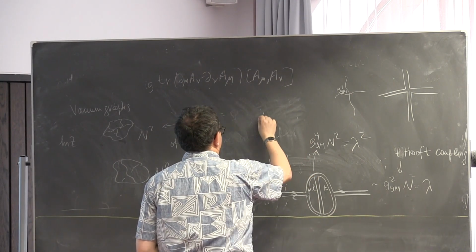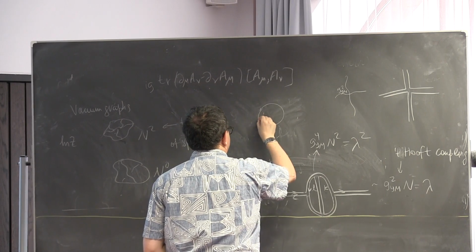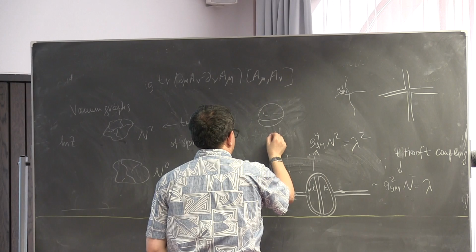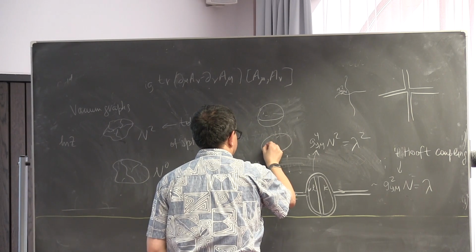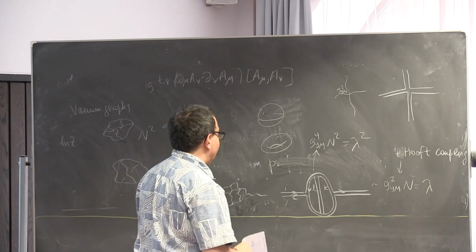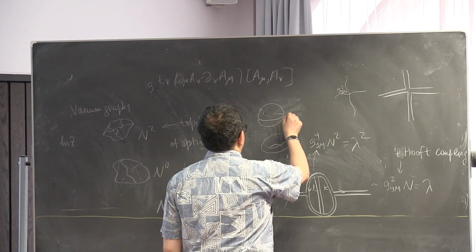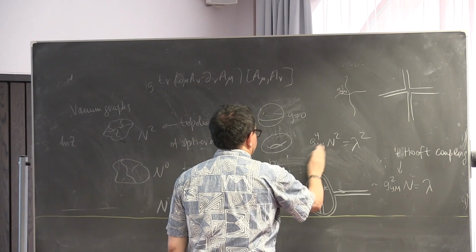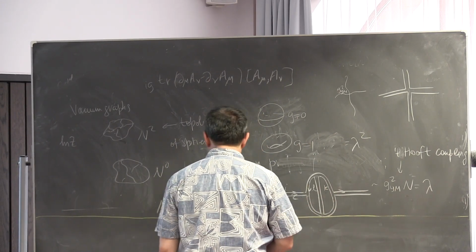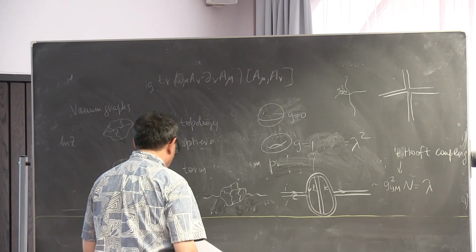If you just think about smooth surfaces, a sphere looks like this. And then the torus, you can draw sort of like this. But you can think of it as a sphere with an extra handle attached. So this is g equals 0. This is g equals 1. And this will be g equals 2, and so on.